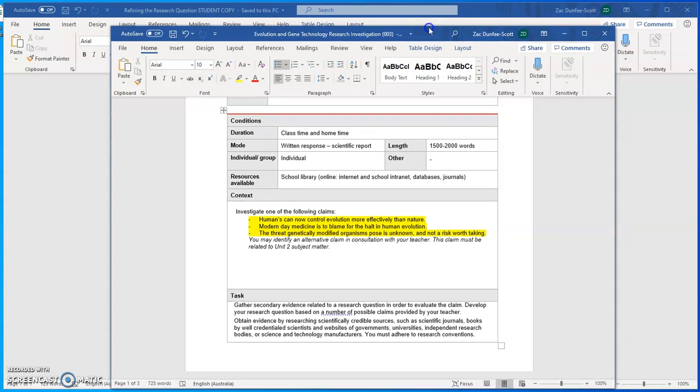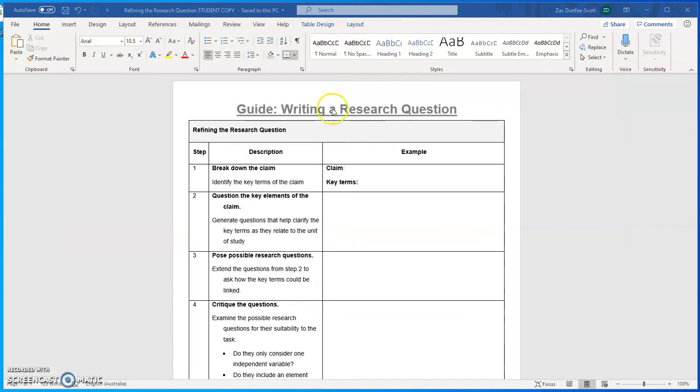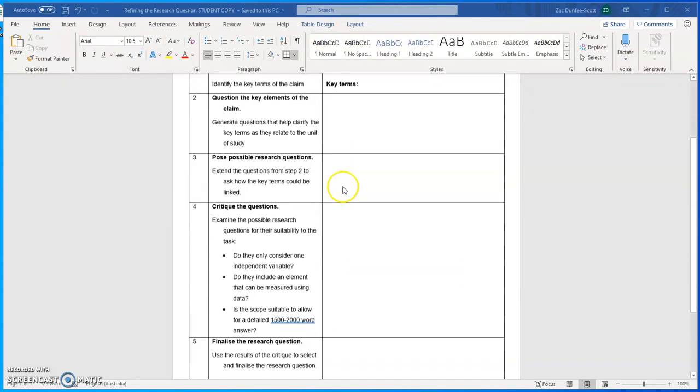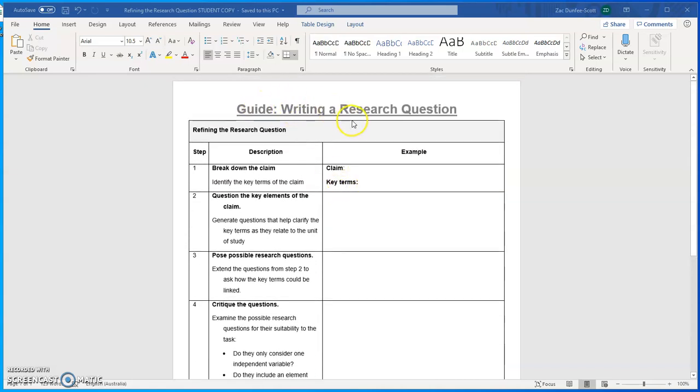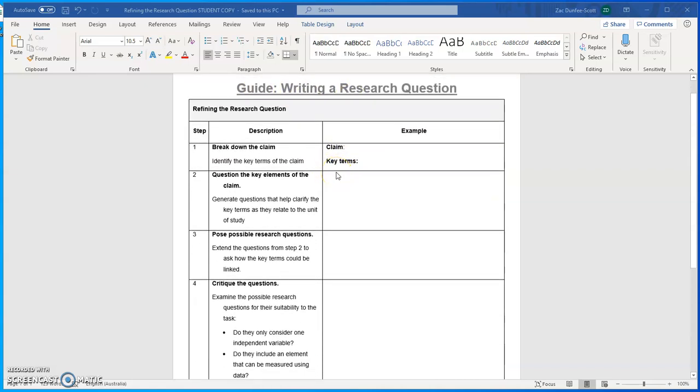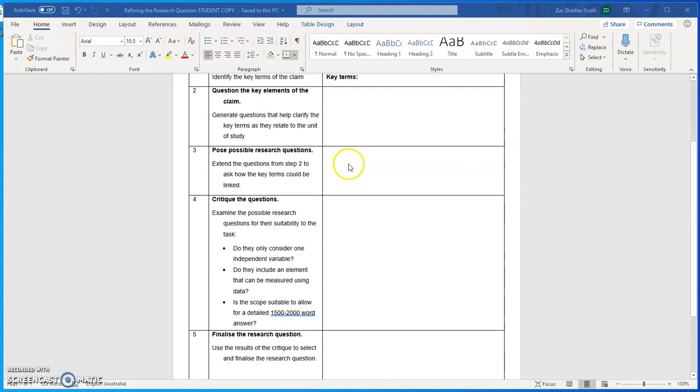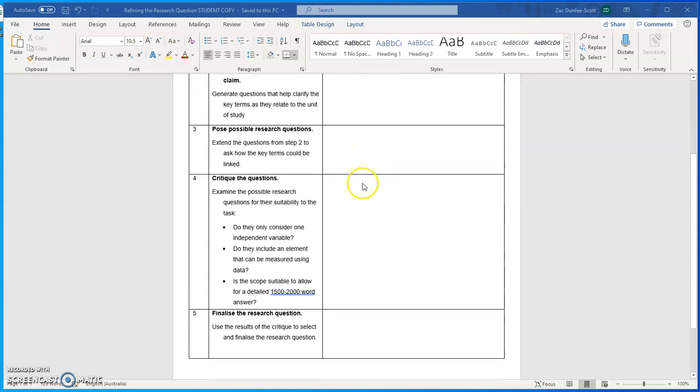I'm going to hand out this sheet I've got in front of me, a guide to writing a research question. I'm going to put it on OneNote for you on the classwork tab where you can add and edit to it, and I can check along with you to see how you're going.